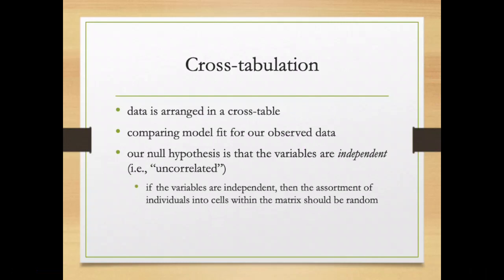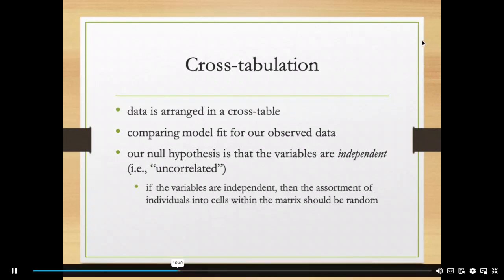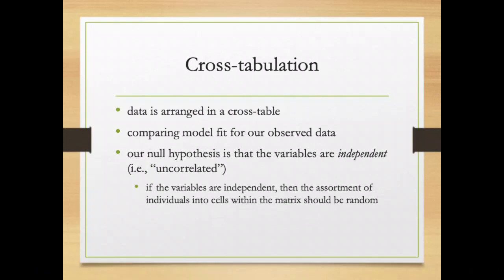As was the case with univariate analyses of count data, we're evaluating model fit. Our null hypothesis is that the variables are independent or uncorrelated. If variables are independent, then the assortment of individuals within the cells of the matrix should be random. Or rather, individuals should be arranged in such a way that the arrangement of individuals within the categories of variable A is not dependent upon variable B.